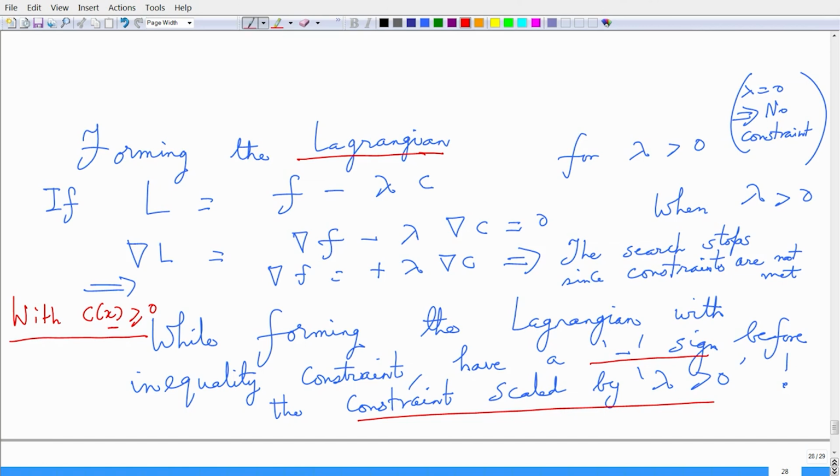We need to stop at that step, because there is no search here. So, therefore, while formulating the Lagrangian with inequality constraints, we need to put a negative sign before the constraint scaled by some Lagrange multiplier lambda, which is greater than or equal to 0 or greater than 0.